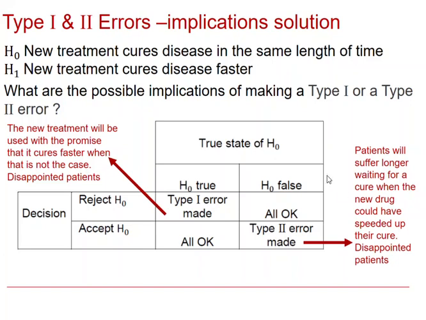The alternative to that is the patient actually does have the disease. H0 is false. They're not normal, they do have the disease, but we end up accepting H0, so we think they are fine, and those patients, because of the type 2 error being made, will be denied the treatment they may need.